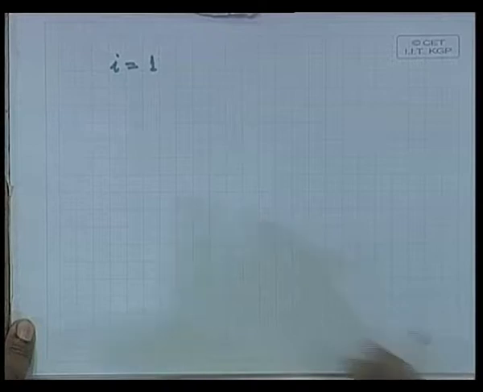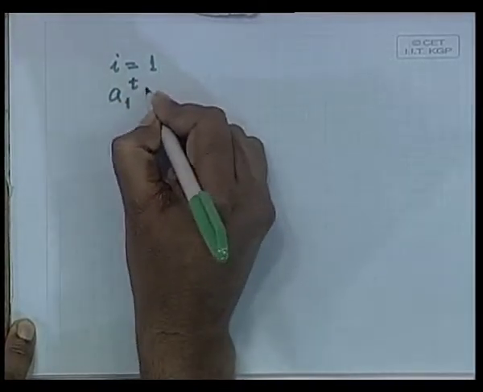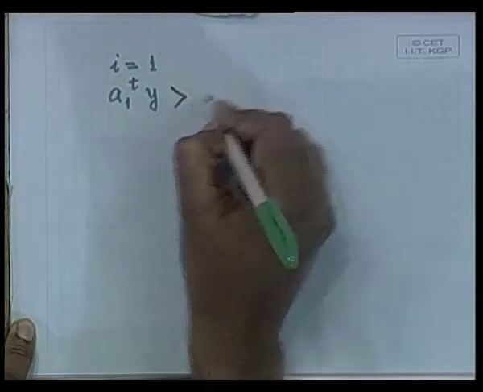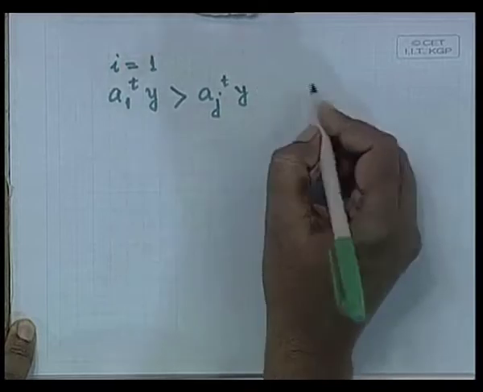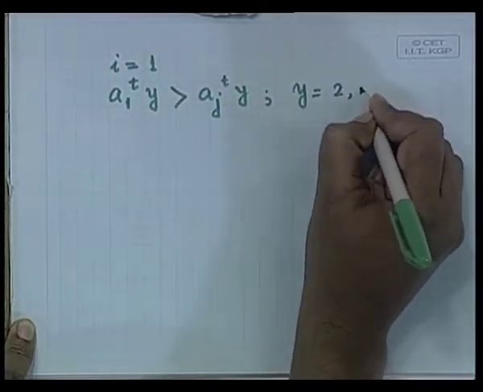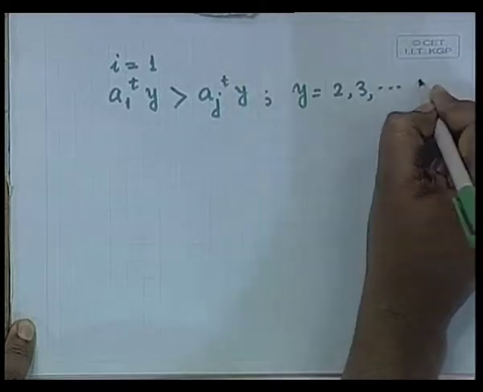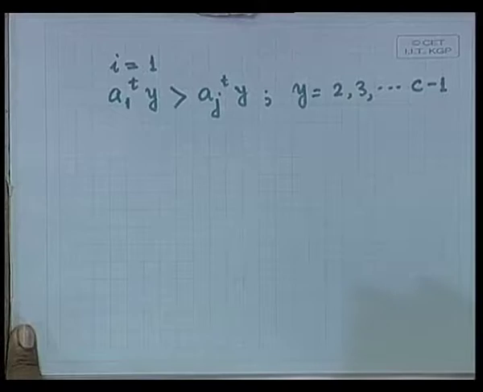I want that a 1 transpose y must be greater than a j transpose y, for j varying from 2, 3 up to C. Later on we will generalize.